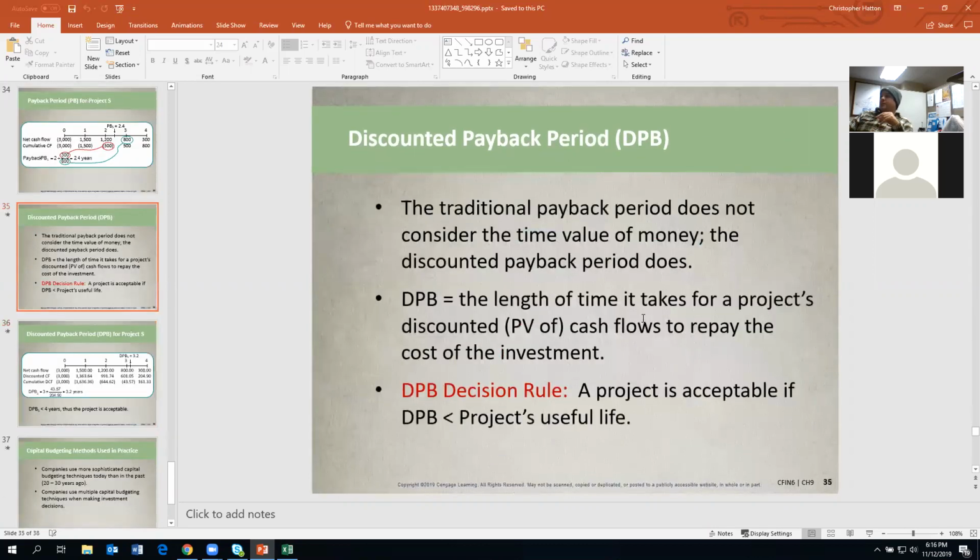So traditional payback period does not consider the time value of money. Discounted payback period equals the length of time it takes for a project's discounted present value of cash flows to repay the cost of investment. So that's what we're saying. Discounted project payback is less than the project's useful life. So we want to be able to pay it back before the useful life of the project is reached.